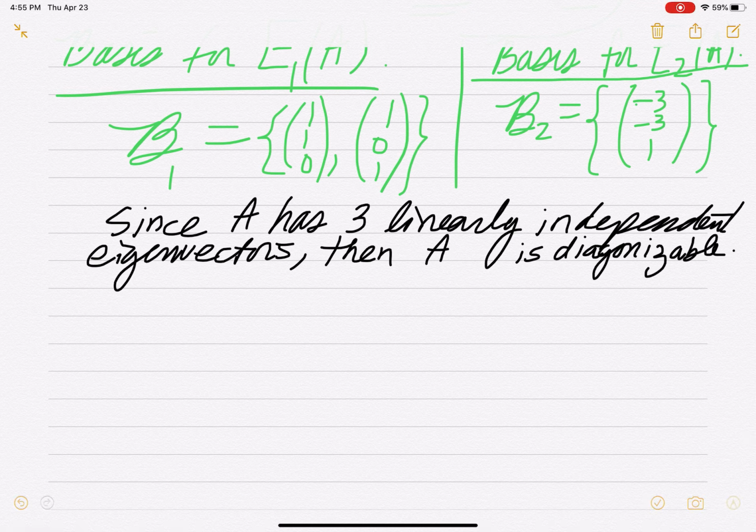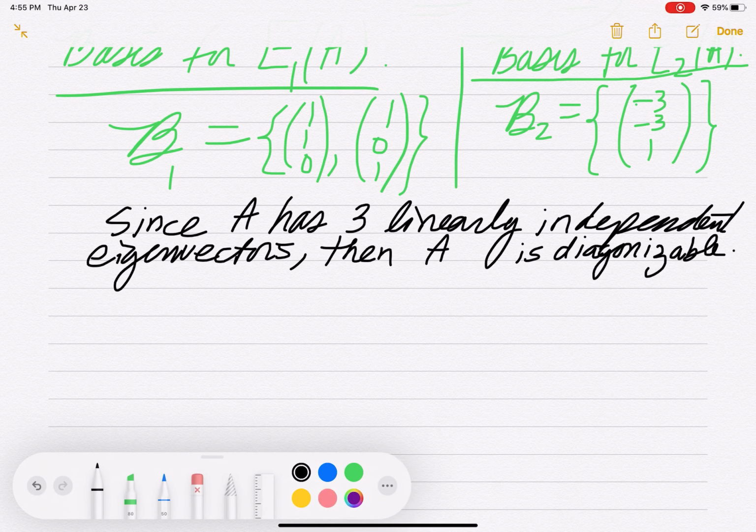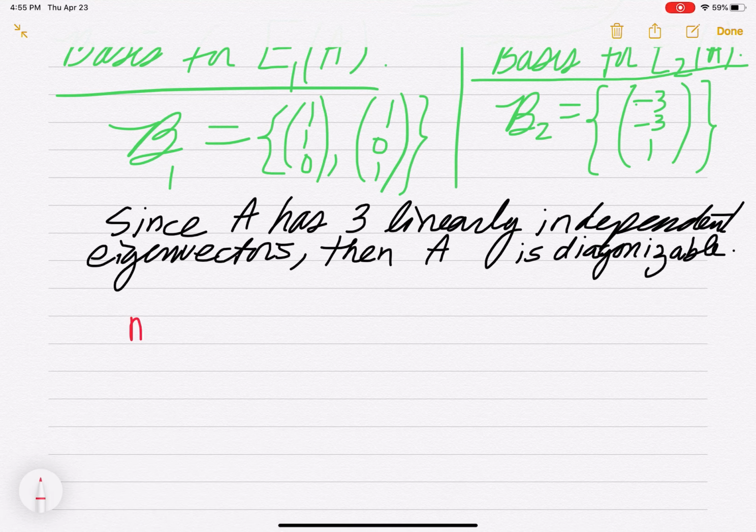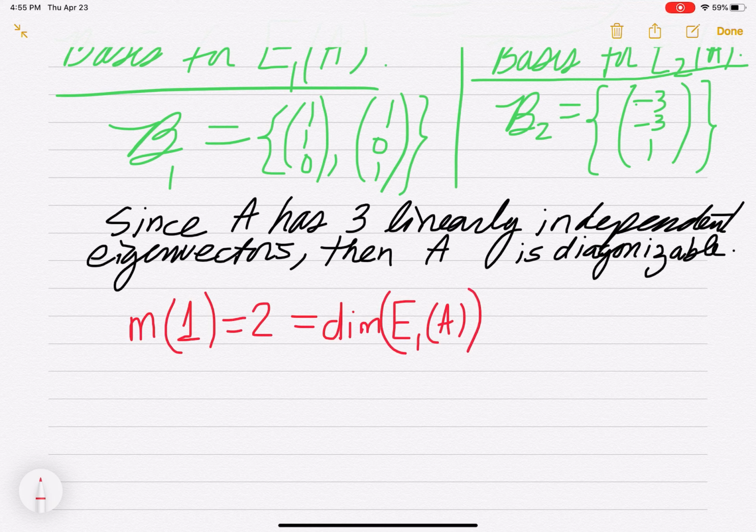You could also say that the algebraic multiplicity m of 1 was 2, and that's equal to the dimension of the eigenspace for 1.